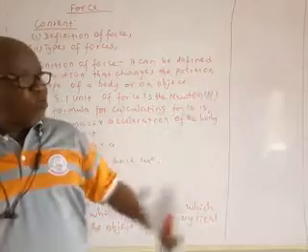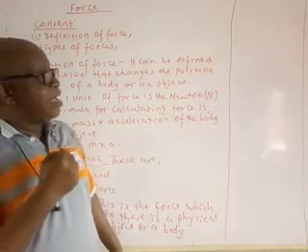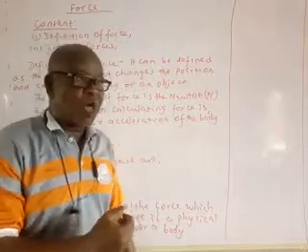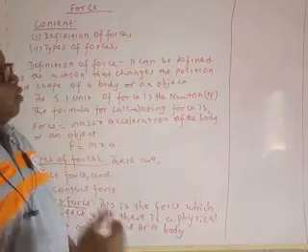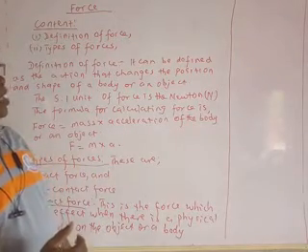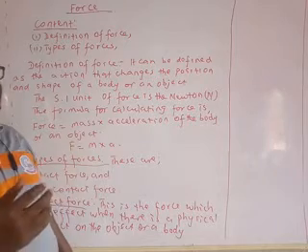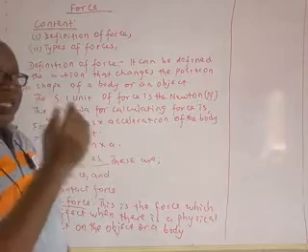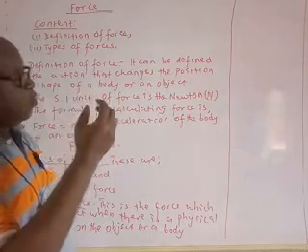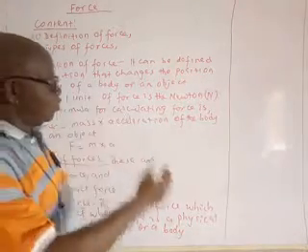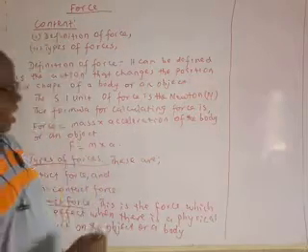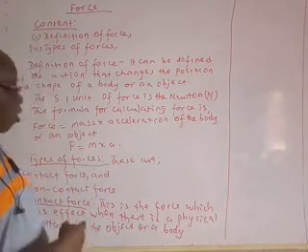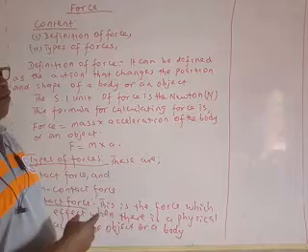Then, when you bend an iron rod, this is also an example of a tension force. And again, we all know spiral springs. Springs also have tension forces on them. These are examples of contact forces.